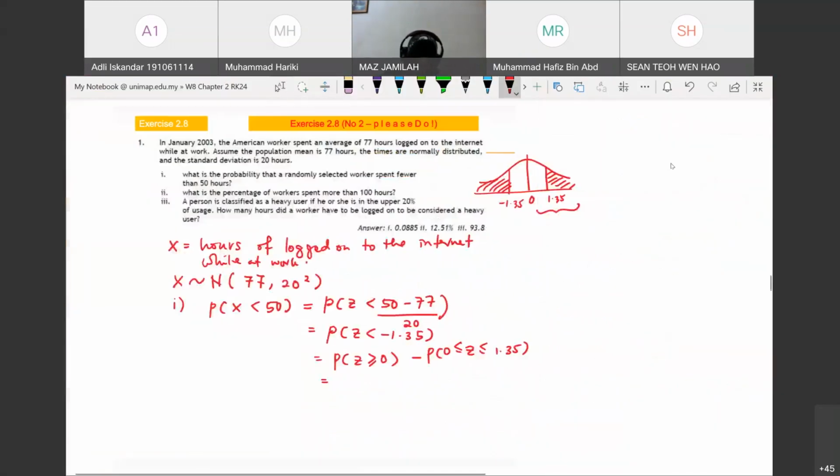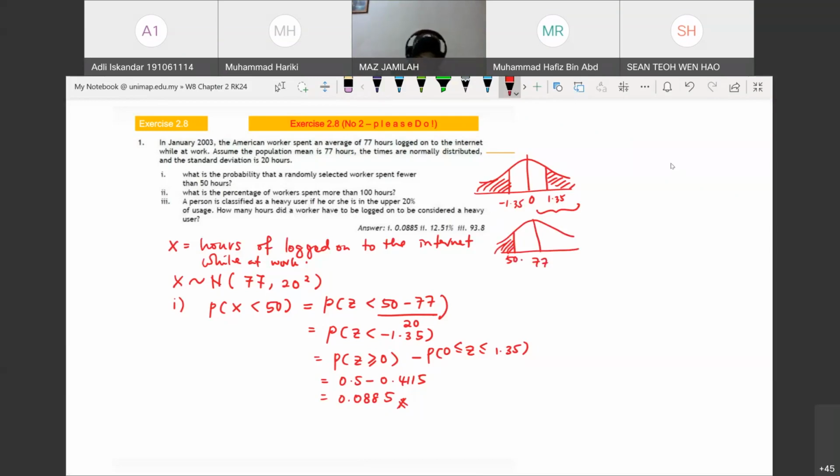So 0.5 minus 0.4115, you will get 0.0885. So that is the probability value. It is a very small probability because the average number of hours is 77, and we are talking about less than 50, somewhere here. Very unlikely.